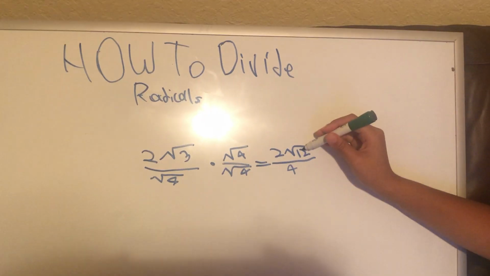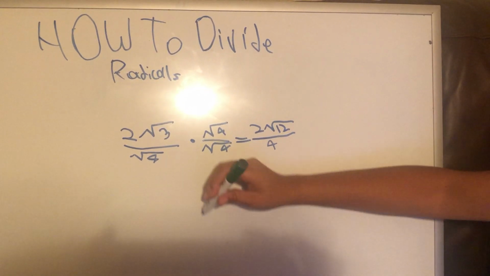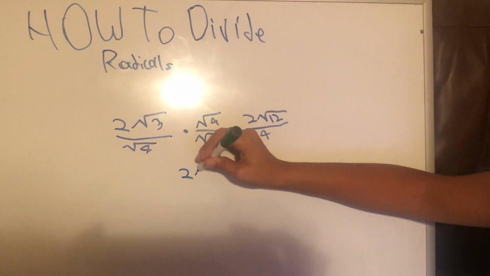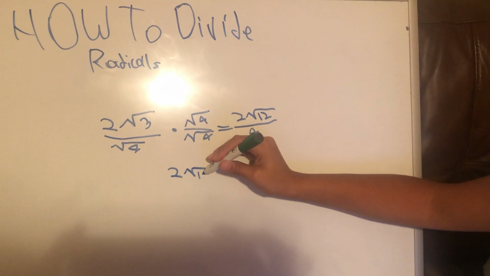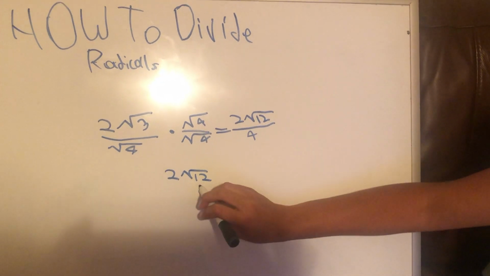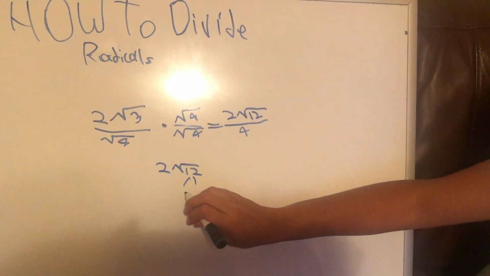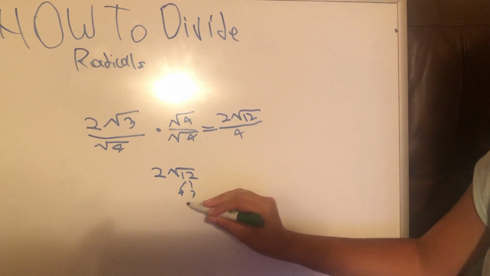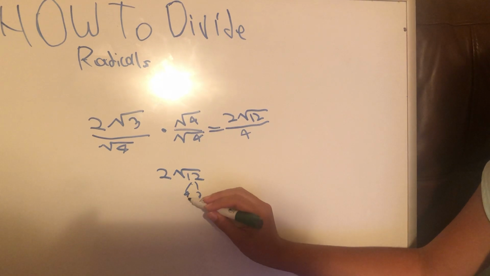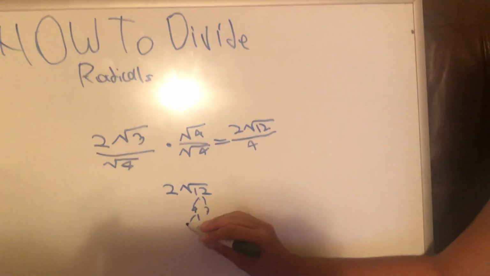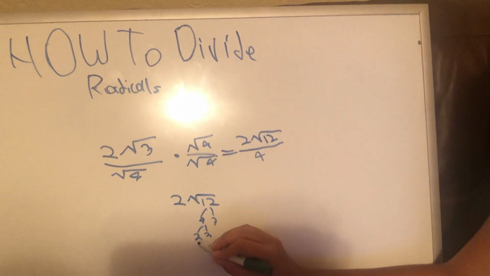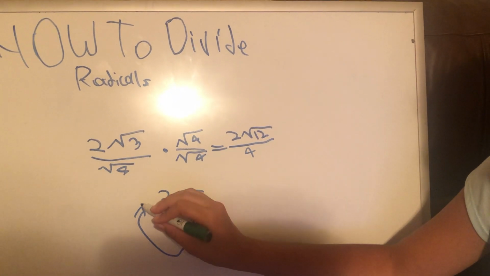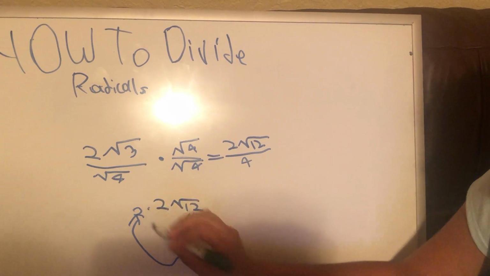But because 12 can be simplified further, then you would factor it. So 2 times radical 12 can be broken down to 2 times radical 4 times 3. And because 4 is a perfect square that squares into 2, then you would bring the 2 up and multiply.